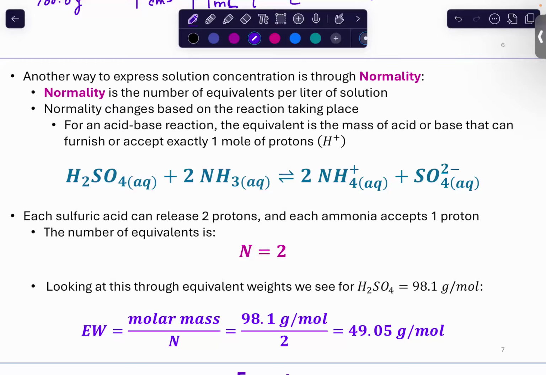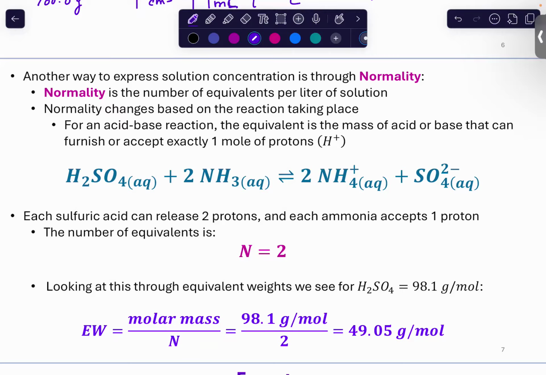The sulfuric acid is going to give off 2 total moles of protons. The ammonia is going to accept 1 proton at a time, and if we have 2 moles of ammonia, you'll end up getting both moles of protons accepted. So your number of equivalents is going to be 2. The diprotic acid gives off 2 total moles of the protons.